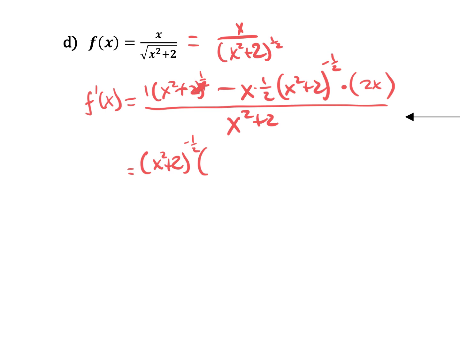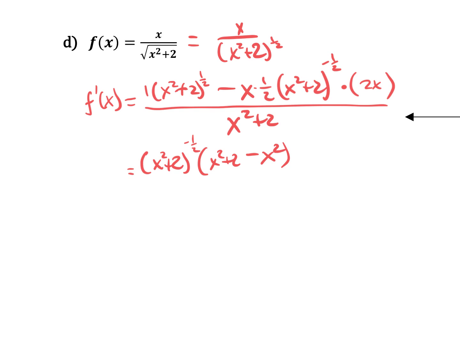So we got a 1/2 power. So we need to subtract 1/2 minus what we factored out. 1/2 minus negative 1/2 is 1. So we have x squared plus 2 to the first. Now we factored this part out, so we're left with a 2x times 1/2 times x. Well, 2 times 1/2 is 1, so that would be just x squared.